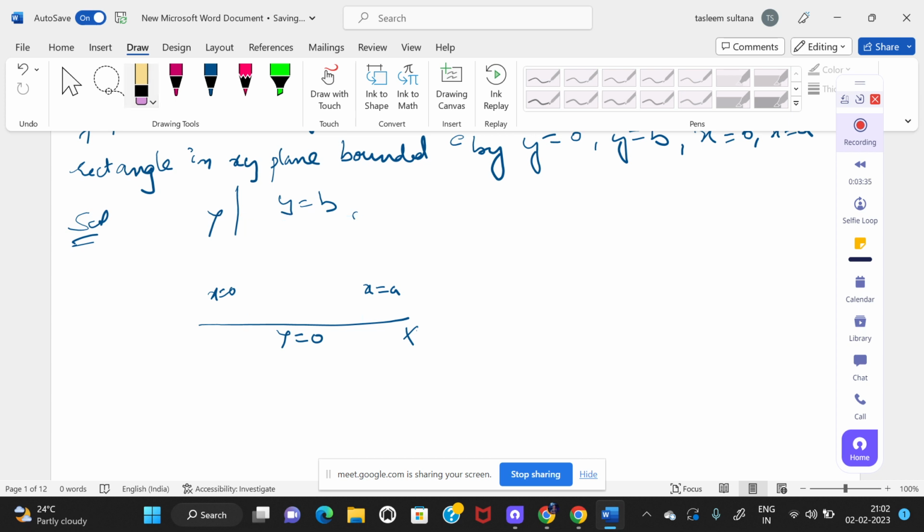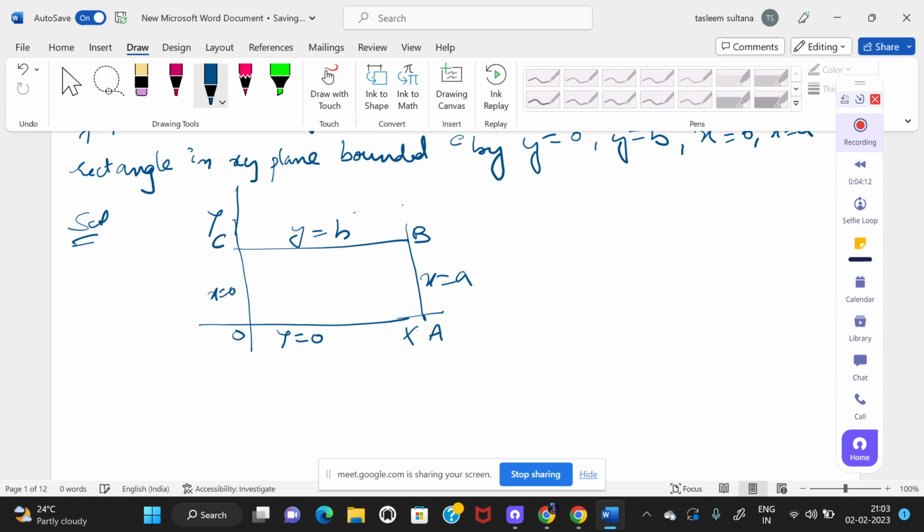I will reduce the height, then it will become a rectangle. This is x is equal to a and this is y is equal to b. Now we will mark this as our origin, then a, then b, and this is c.